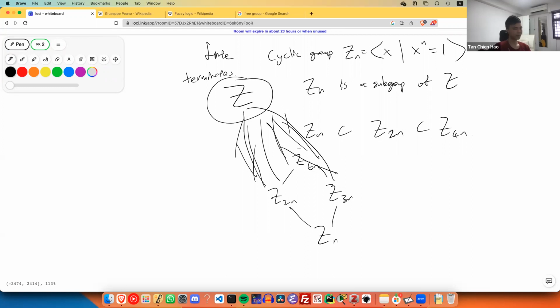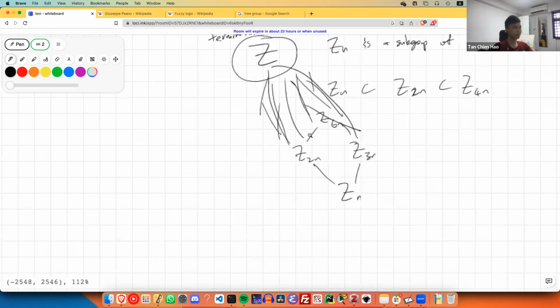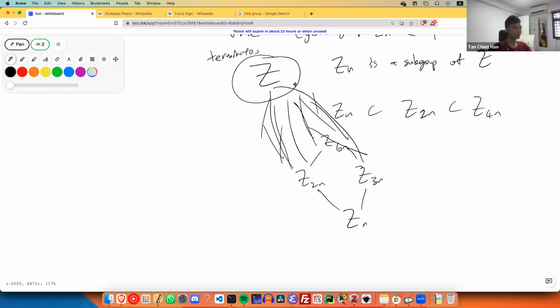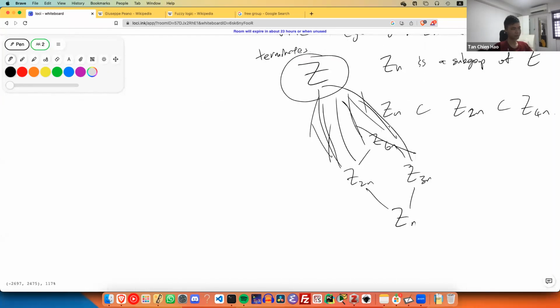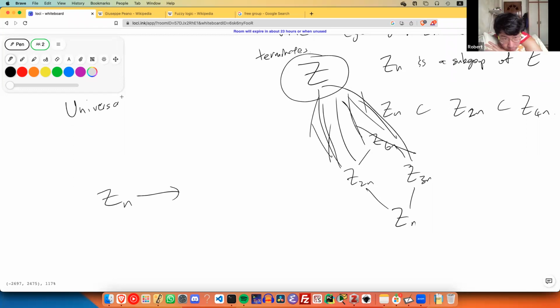How one can think about it is that this termination is kind of, I'm not sure whether it has something to do with the final object of a category, but there's a diagram about universality, the universal property, like for subspaces in topology.